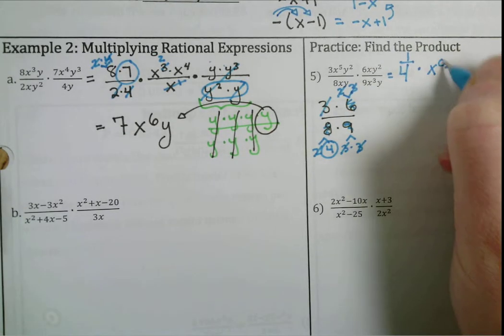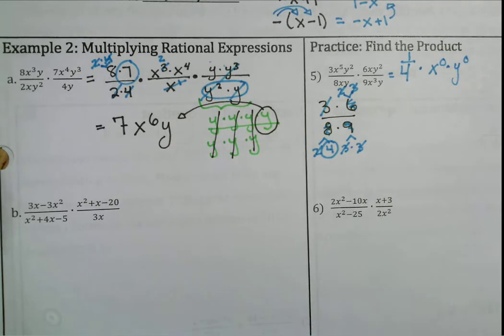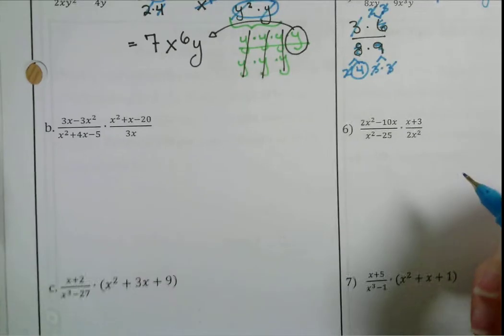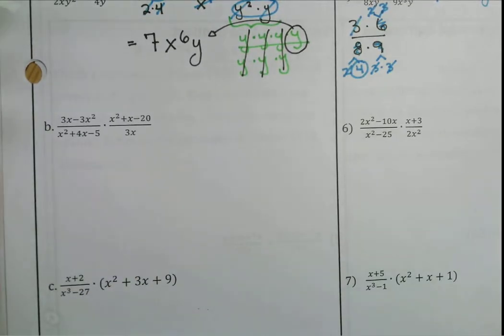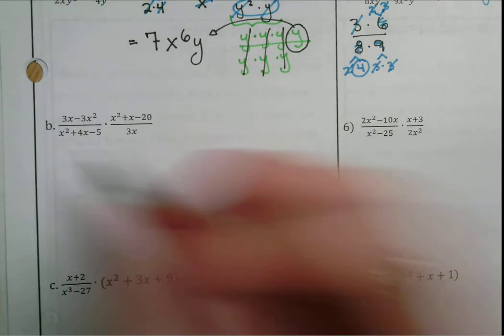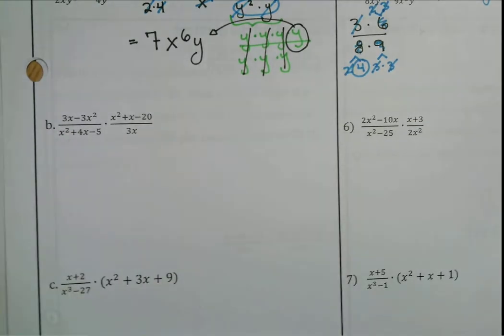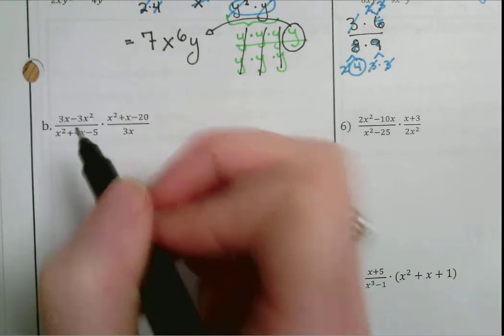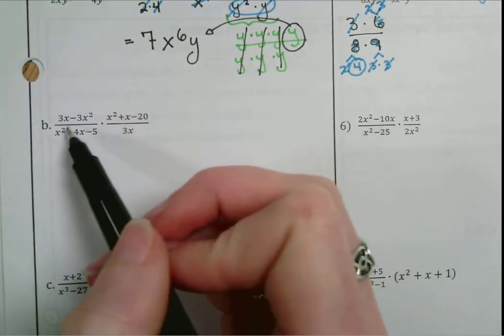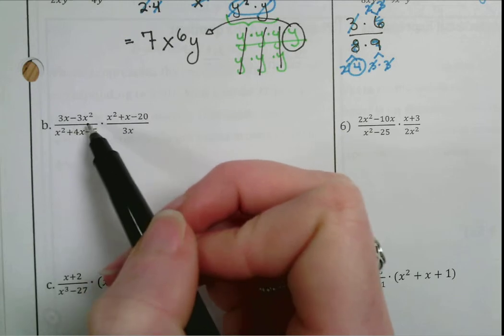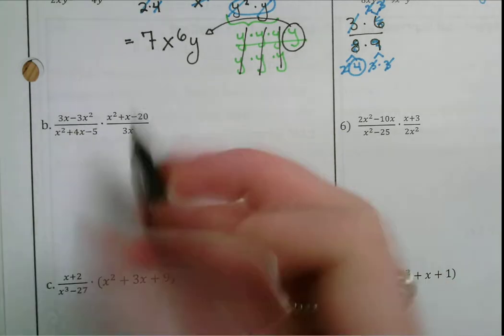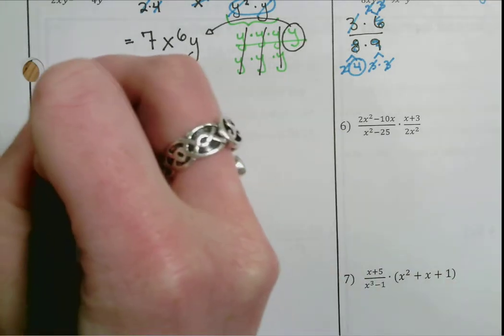Okay, 4b here. First thing is to factor this top part out. So 3x minus a 3x squared. What we need to do here is say, okay, I have a 3 times an x minus a 3 times an x times an x.